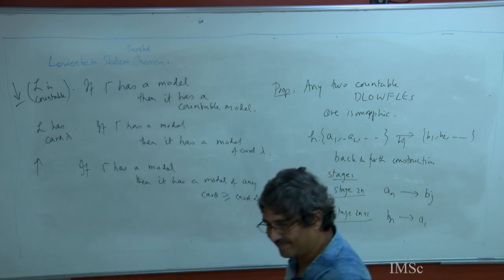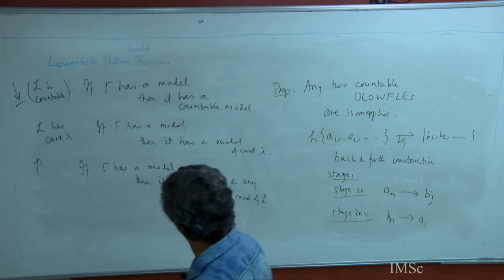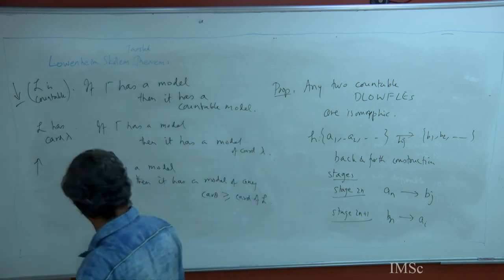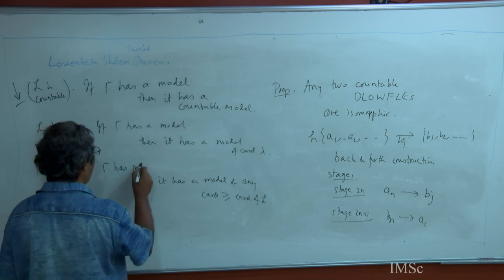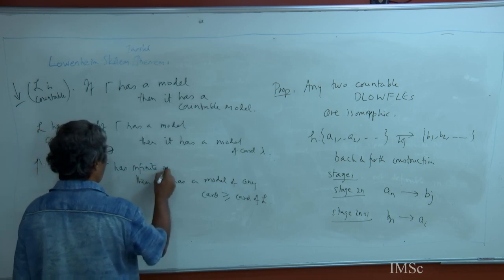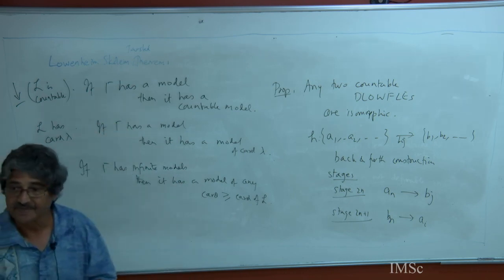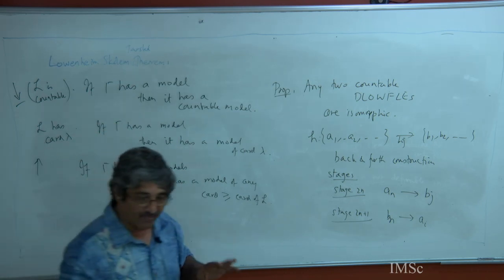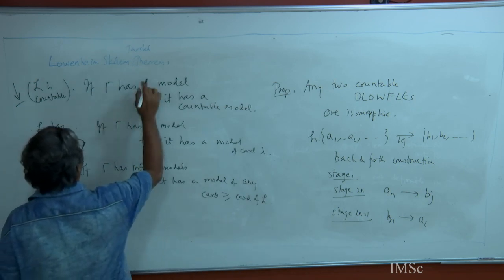If gamma has infinite models, this is important, all this is only for gamma having infinite models.